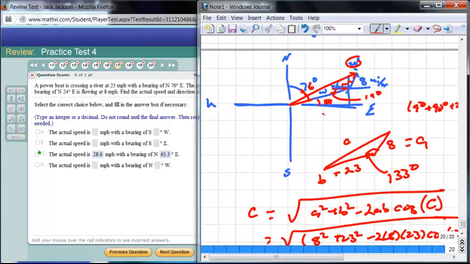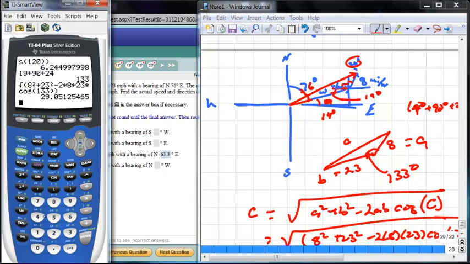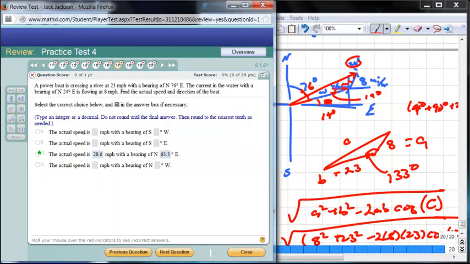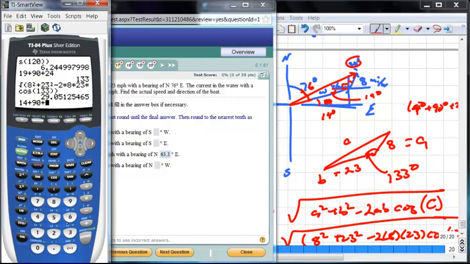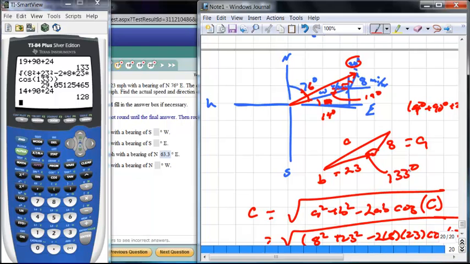So that leaves 14 degrees there. So this is going to be 5 degrees less. So let's just redo that. 14 plus 90 plus 24. It's 128.